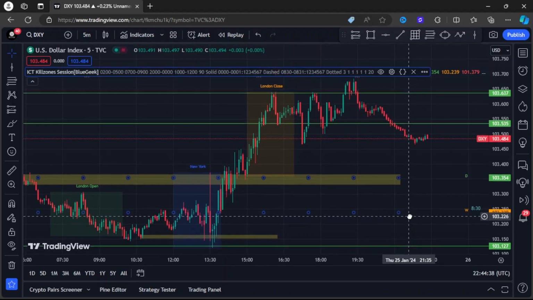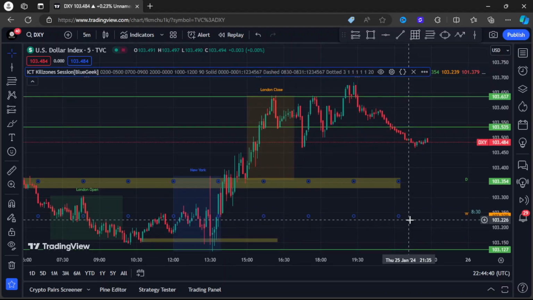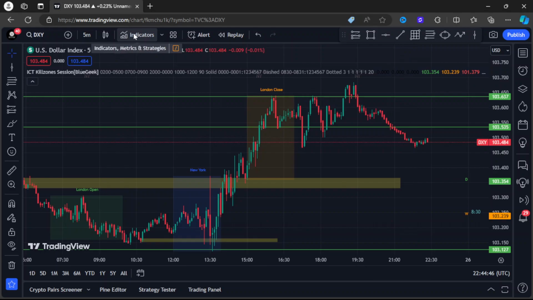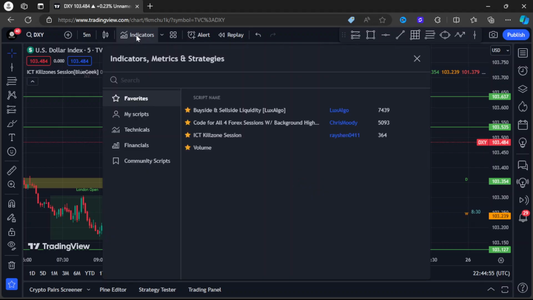But this time we're going to use an indicator, which is one of the best indicators I'm using now. Go to indicators on your TradingView. The TradingView link is also below in the description.